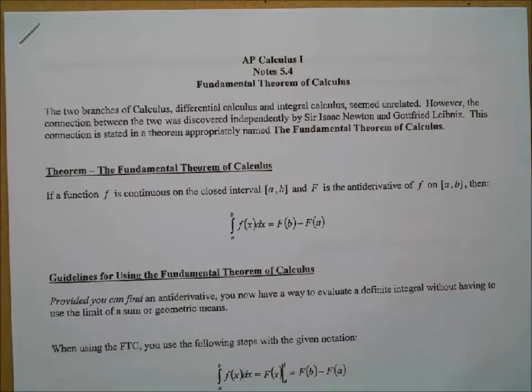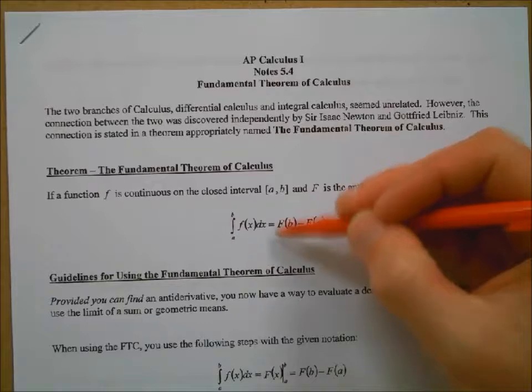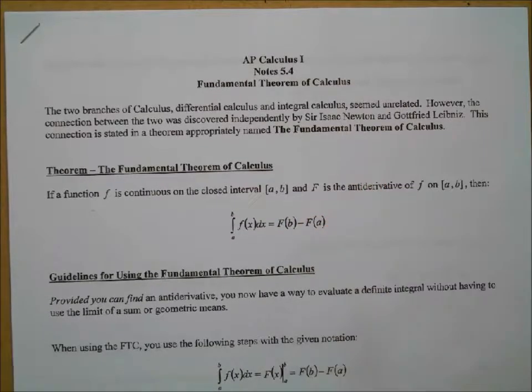So we evaluate b in the antiderivative and subtract a evaluated in the antiderivative. And that's the fundamental theorem of calculus. Not that crazy. Maybe we already figured, duh, and not mind blowing, but that is it.